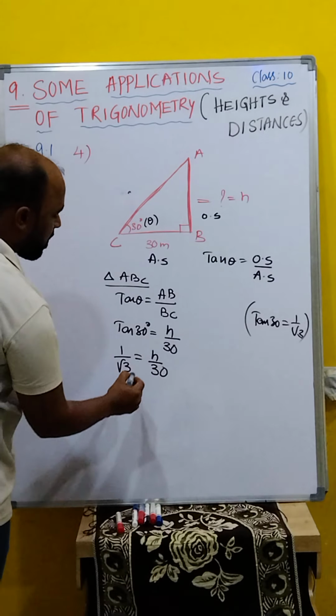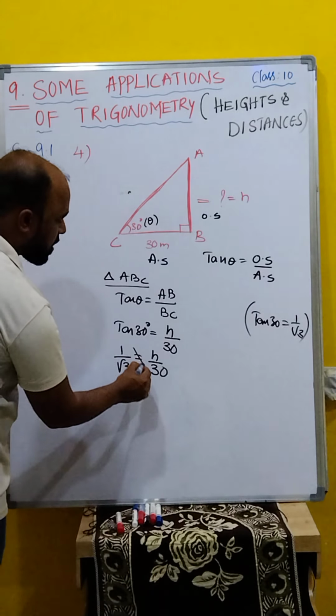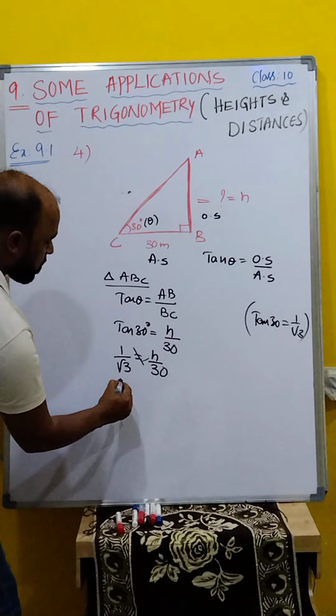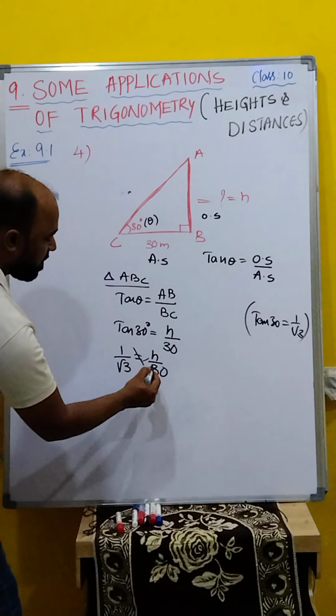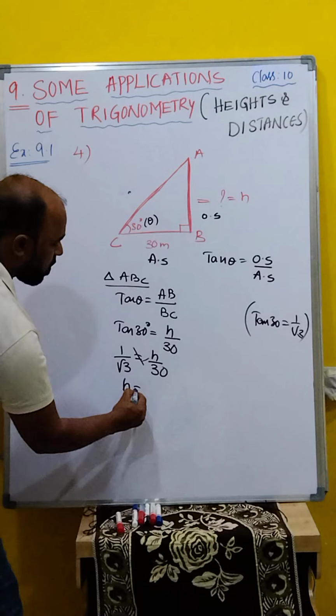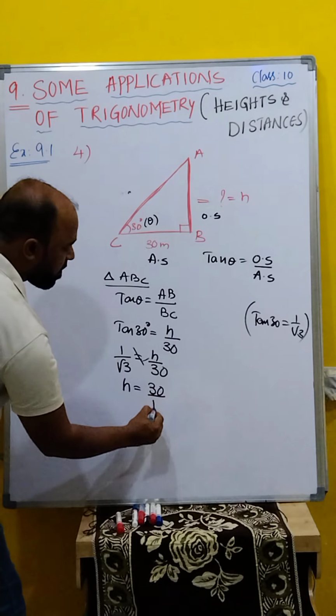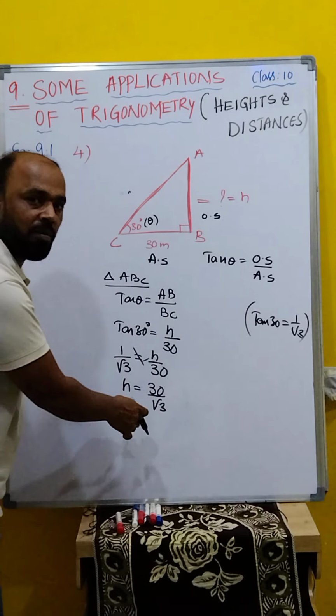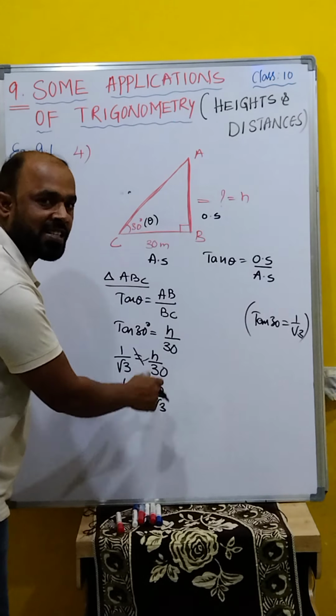Clear, children? Now what we have to find? h value. Cross multiply, 30 into 1 is 30. h is equal to 30 by root 3. Again the denominator is an irrational number. What we have to do? Rationalization. Root 3 by root 3. 30 into root 3, no change.